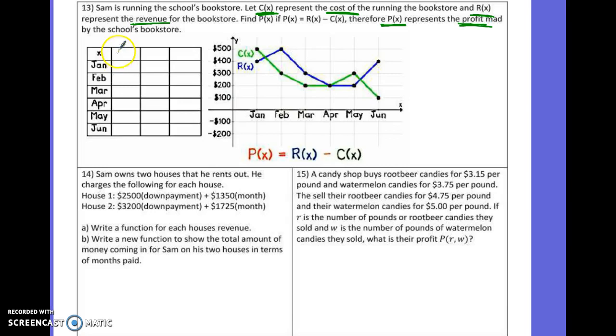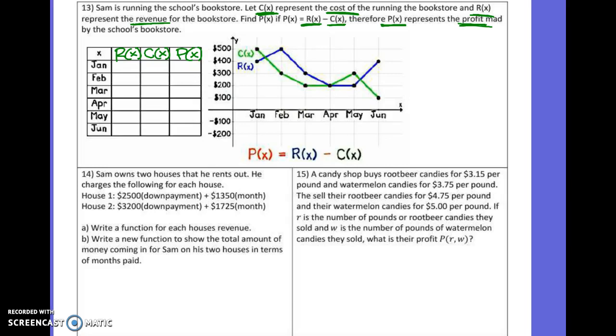So over here, I'm going to put R(x), then C(x), and then P(x). This is helpful because if I put R(x) first, then it'll be really easy to subtract the C number and find out the cost. So the R(x) line is the blue one.